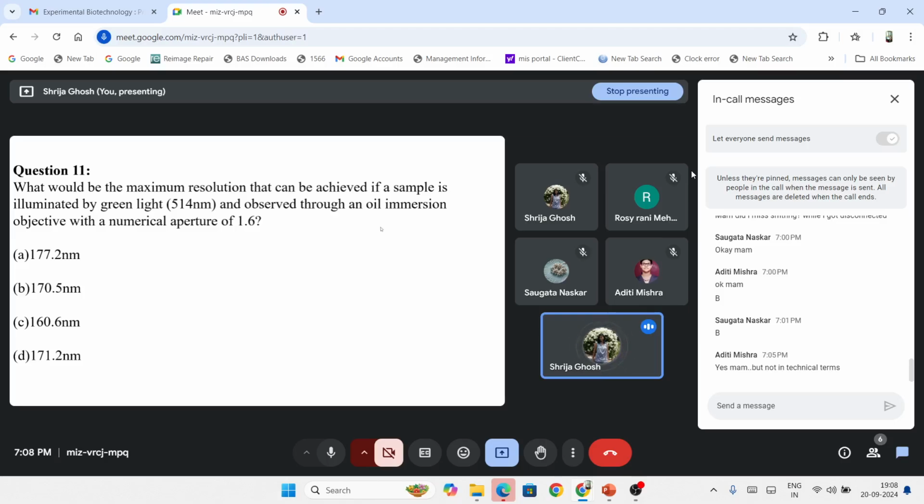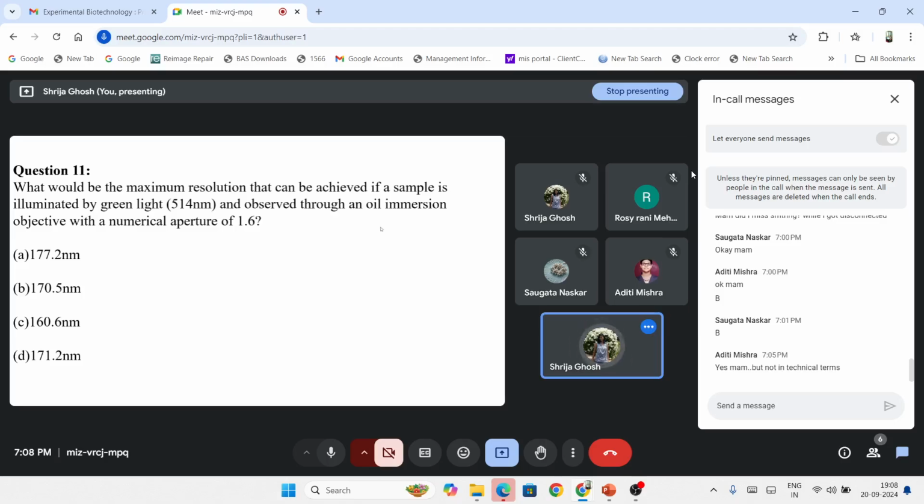That is all microscopy is. The definition of resolution remains the same for microscopy as well: the ability of the microscope or the lens to distinguish between 2 points, the minimum distance at which it can distinguish between 2 points.